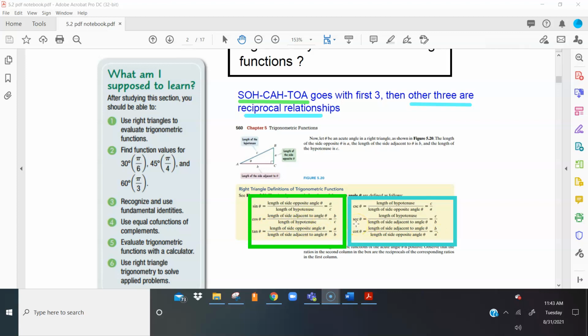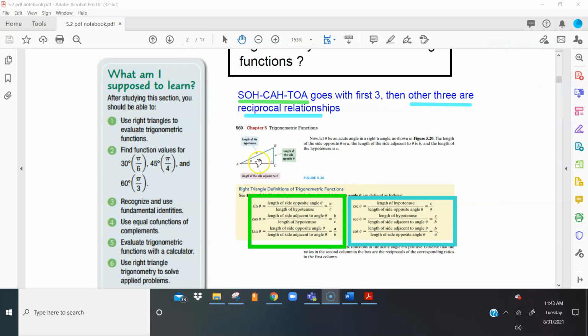Its reciprocal relationship is with secant, which would switch to hypotenuse over adjacent. Tangent, the opposite side over adjacent, with its reciprocal relationship, cotangent, adjacent over opposite. So these are the ratios that we use in order to work through problems with those.